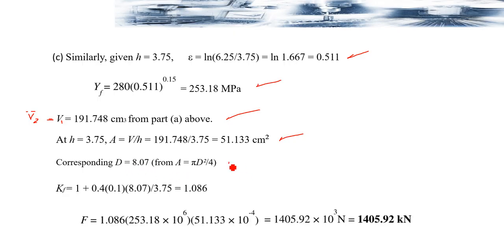Make a calculator cell to calculate the diameter, another cell to calculate the Kf, and then the final cell to calculate the force. This will give you the sequence directly, so you can get the answer. It shouldn't be hard. I showed you that in the class last week, and I will show you once again in a separate tutorial whenever you need it.